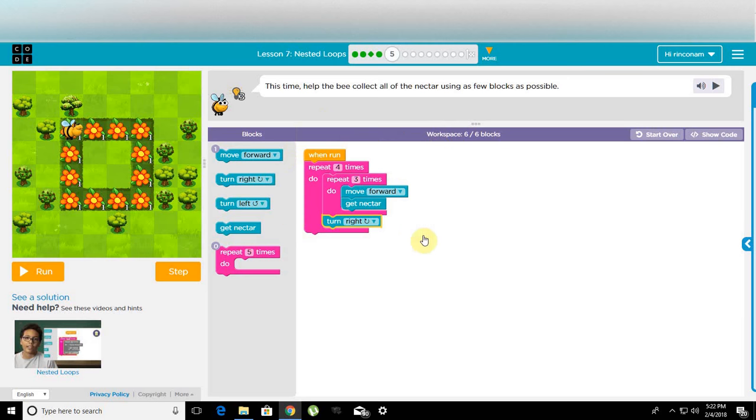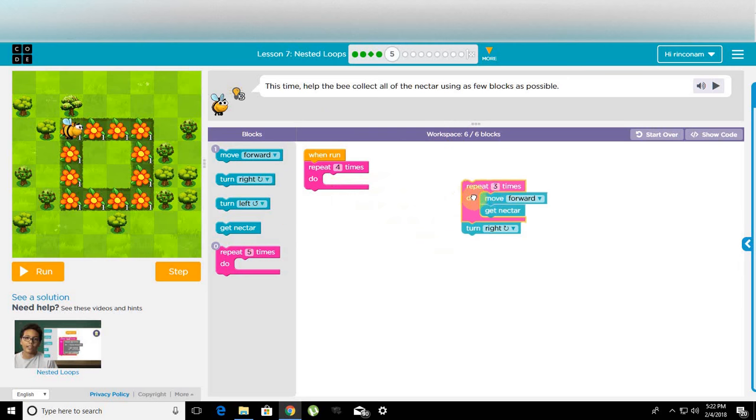This process, identifying the most important part of coding, that innermost repeat block, and understanding that I don't want to turn right after getting the nectar, but that I want to turn right after collecting the nectar from 3 flowers, is going to be very important moving forward.